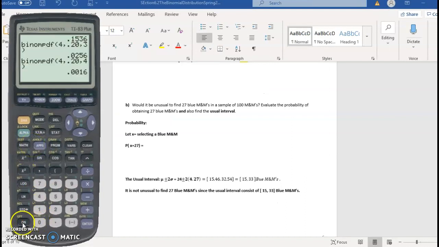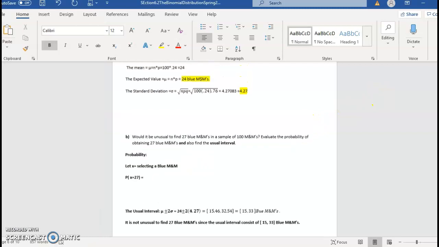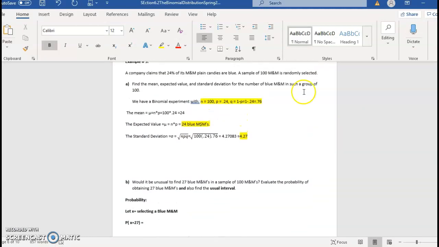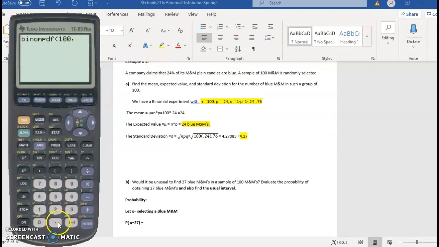So you would activate the binomial PDF, in this case second and distribution, binomial PDF. Your trials represent 100. The probability of success has been defined in part A. They're saying it's a 24% chance, so in this case it'll be 0.24.